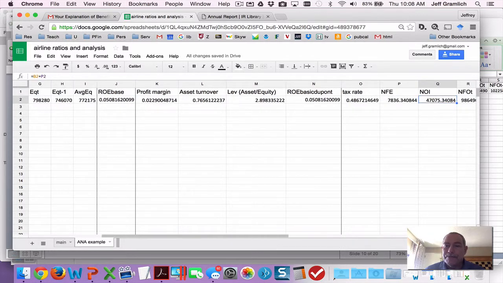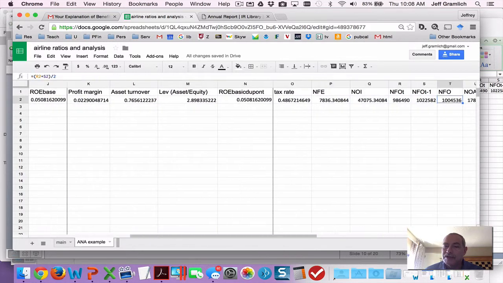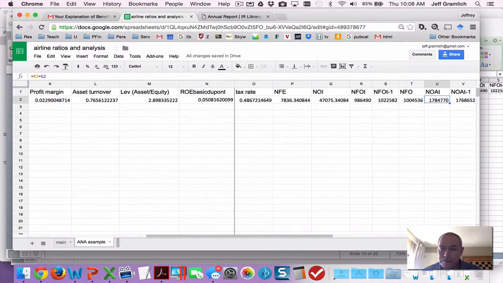Net operating income is going to be equal to net income, which we had over in B2, all the way back, we defined it for the basic DuPont as 39,239, plus the net financing expense. What we're trying to do with an NOI, or net operating income, is provide an income that's there to take care of all of the investors.